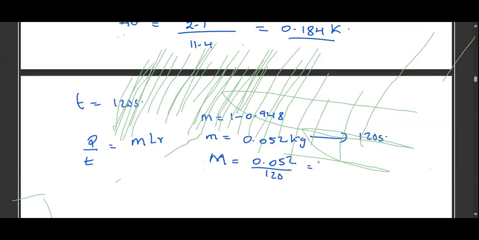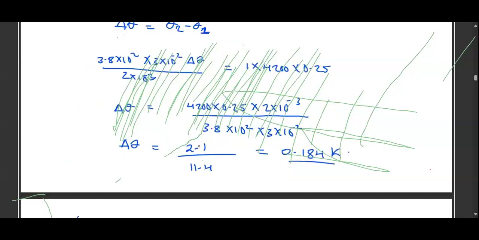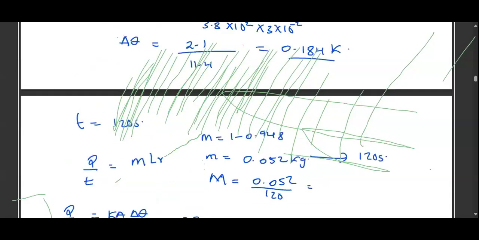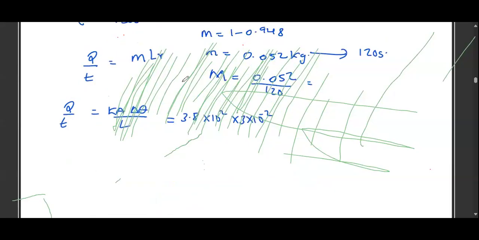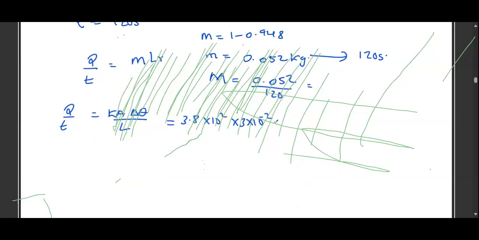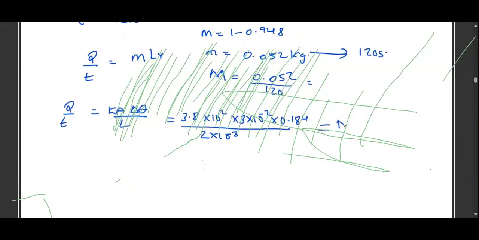Then our Q over T is the same as K A delta theta divided by L. And this one is going to be the same as 3.8 times 10 power 2 times 3 times 10 power negative 2, times our delta theta, which we had got as 0.184, then all of it over 2 times 10 power negative 3, because it was in millimeters. Then this one is equivalent to m L V.